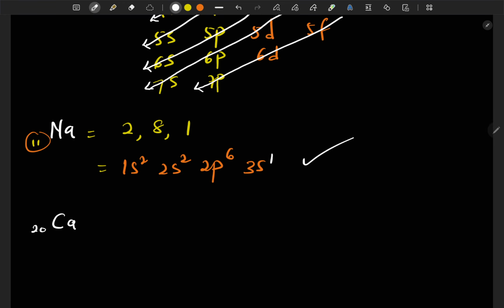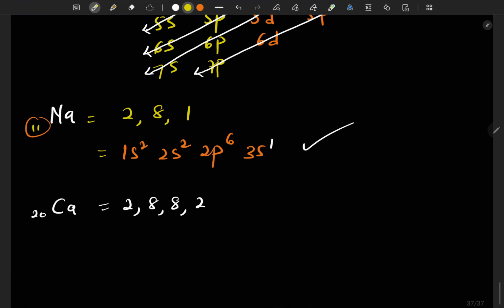You just have to know it. To write the shell electronic configuration, it is just 2, 8, 8, 2. If you don't know how to write the shell electronic configuration, check the last video.